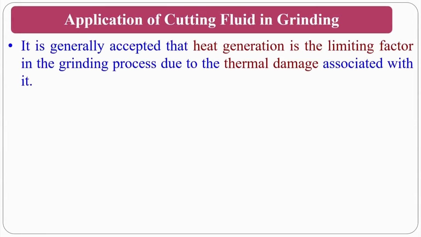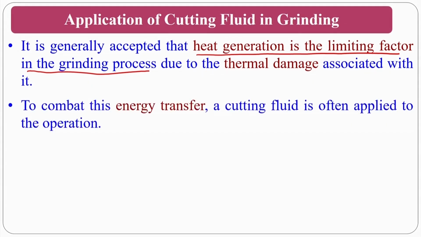Regarding the application of cutting fluid, it is generally accepted that heat generation is the limiting factor in the grinding process due to the thermal damage associated with it. That is why the cutting fluid is used to extract the heat generated in the grinding region. Because thermal energy transfer takes place, the cutting fluid is often applied in this operation.